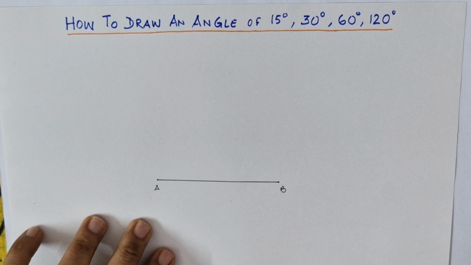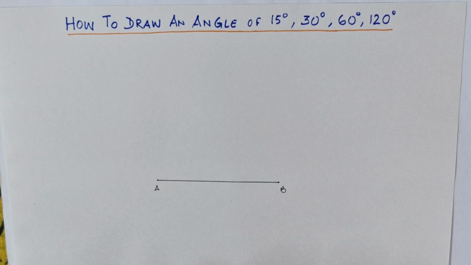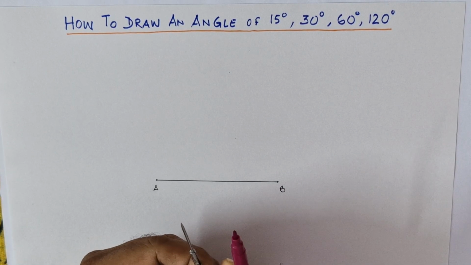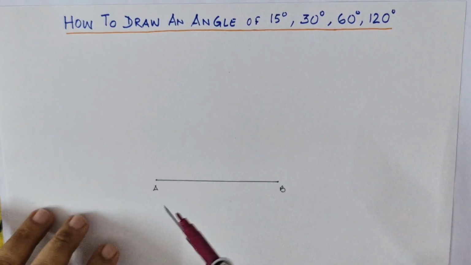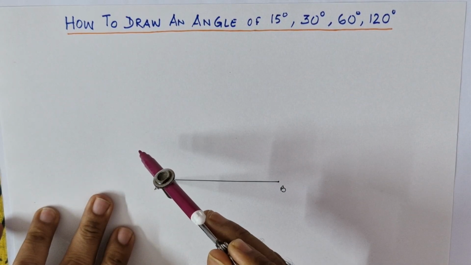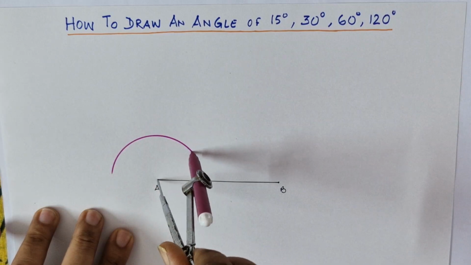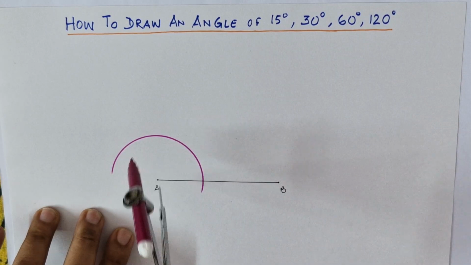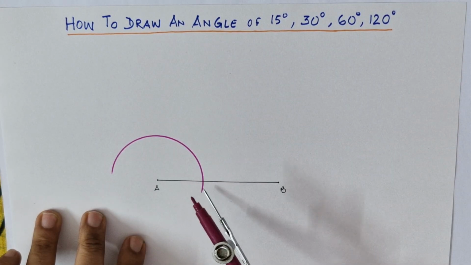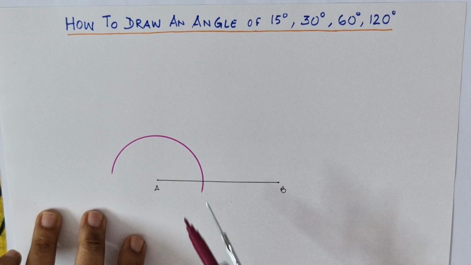So let's start and let's take A as the center and take an appropriate radius like this, right? And you draw an arc like this, so that it intersects AB at a certain point. See, here it is intersecting.